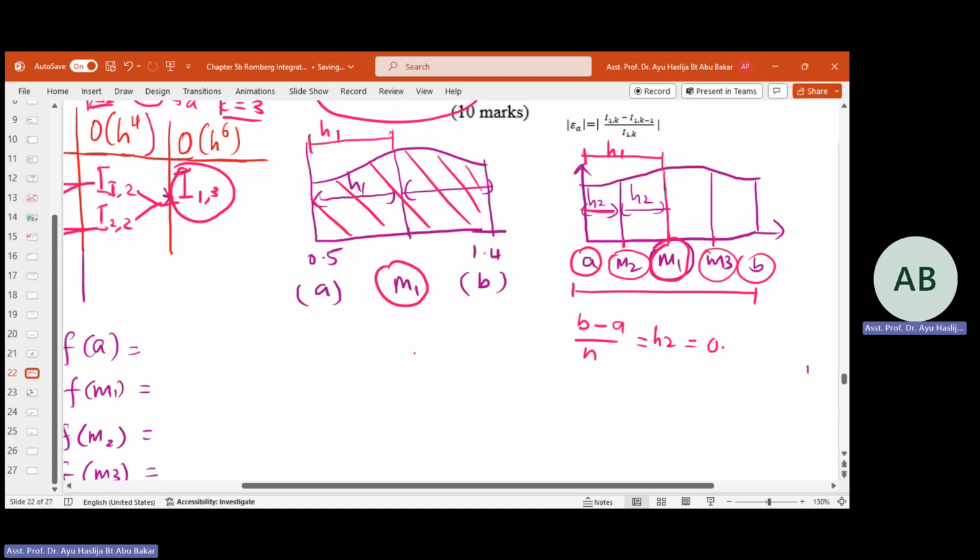Which h did I get? What is your B? 1.4, right? A? 0.5. Divide by? Why did you divide by 2?